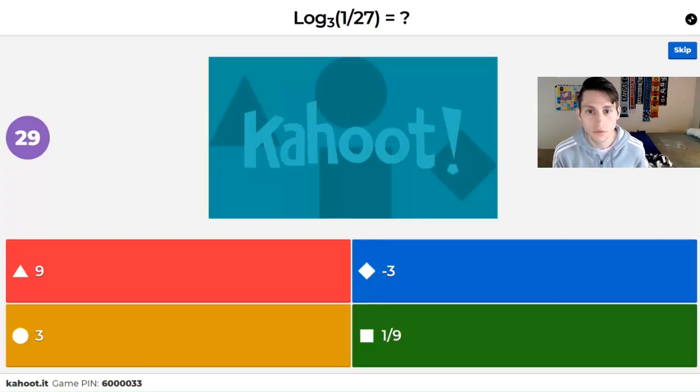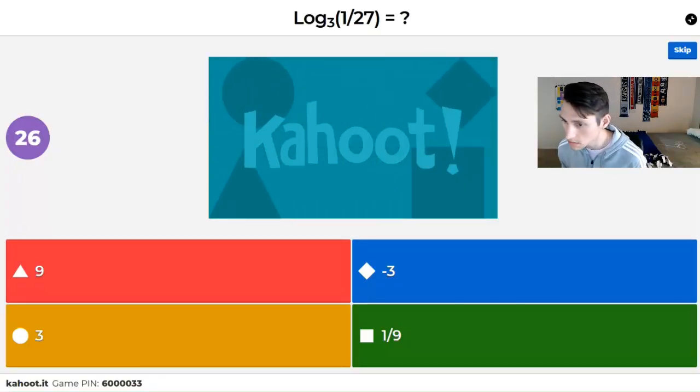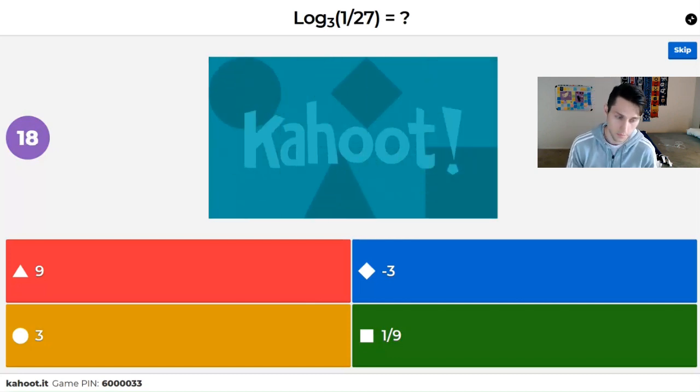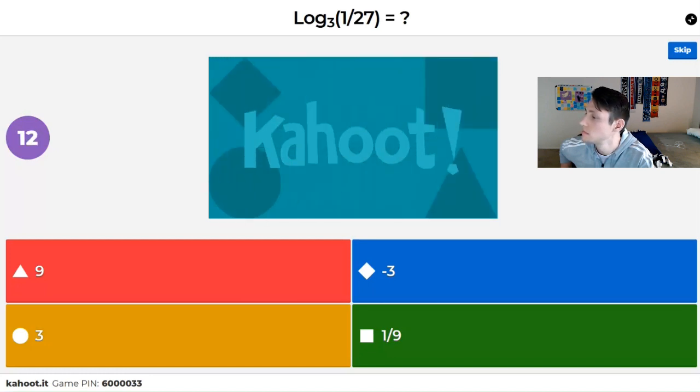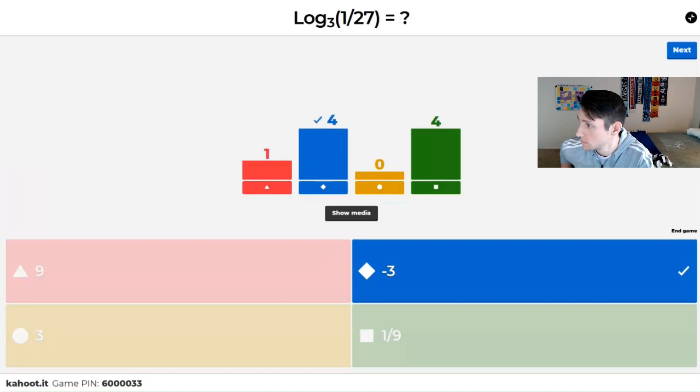Log base 3 of 1/27th is -3. So remember, logarithm asks 3 to what power would make 1/27?